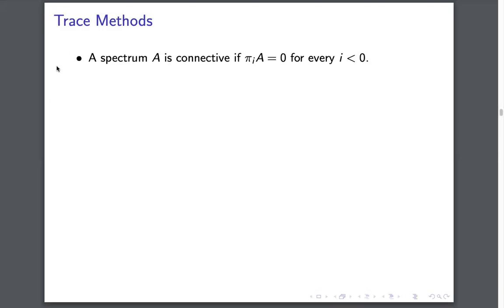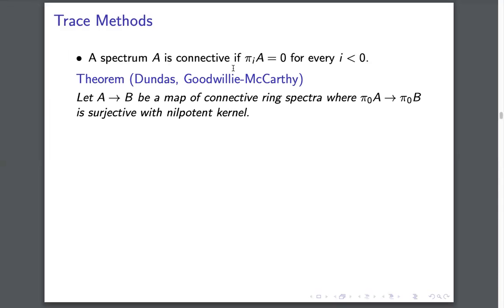So I'm going to talk about this program. In general, in trace methods, one works with what are called connective spectra. These are the spectra whose negative homotopy groups are all trivial. And the big result for trace methods is this theorem of Dundas, Goodwillie, and McCarthy.